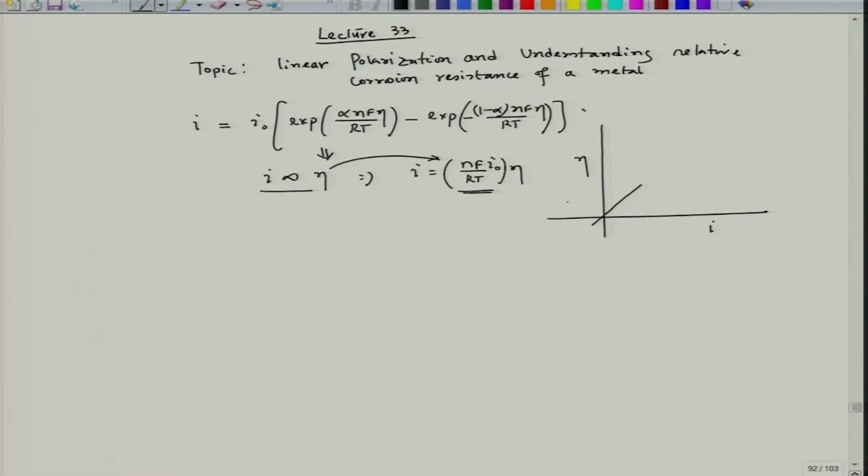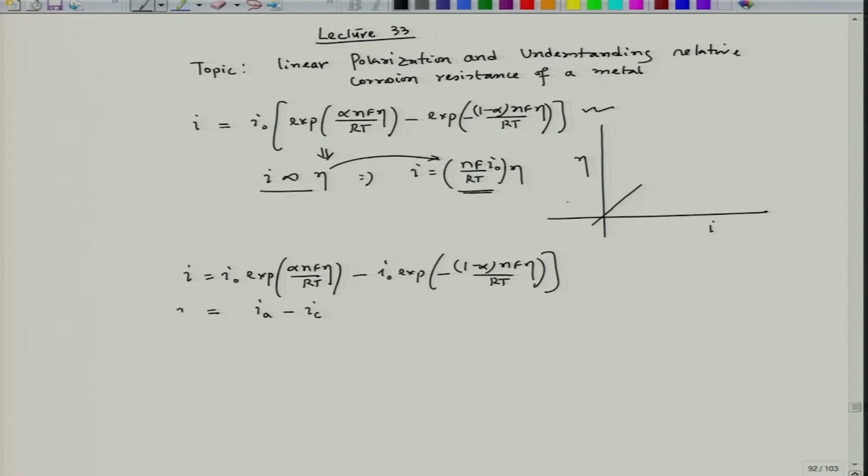Now, if we see this particular equation, I can break it into two terms, I equal to I 0 exponential of this term minus this term. These two terms we can explain, and then I can write it as I A minus I C, and of course, that time it is nothing but I applied or I circuit.